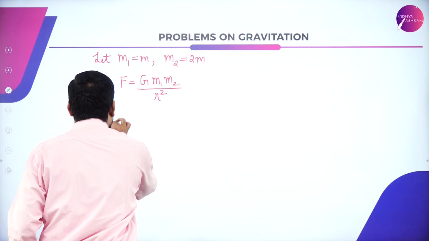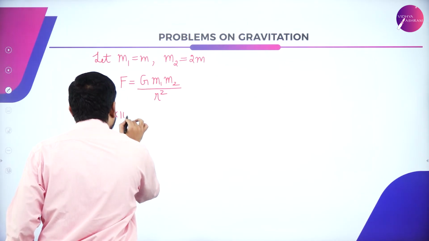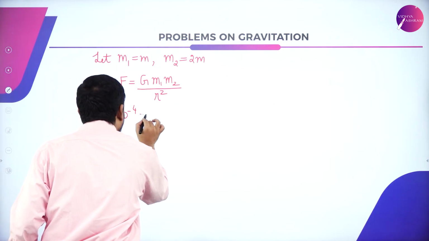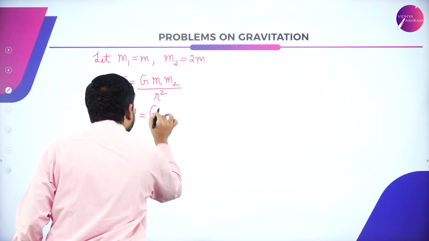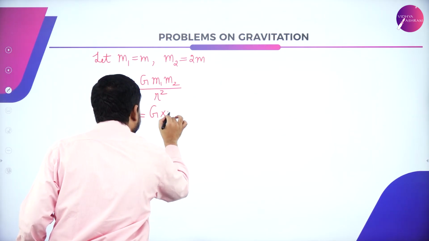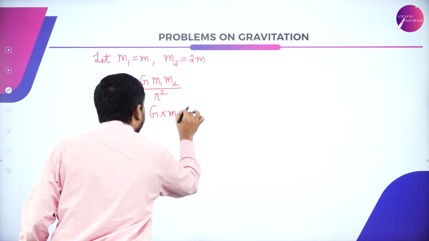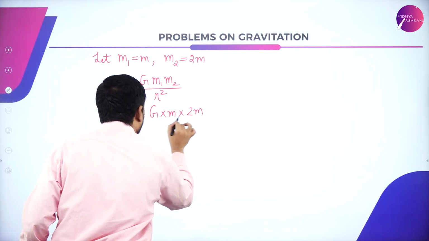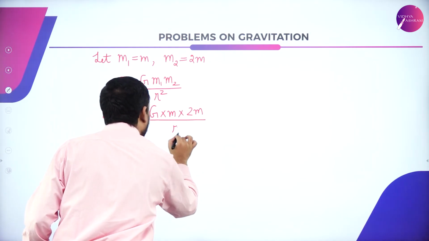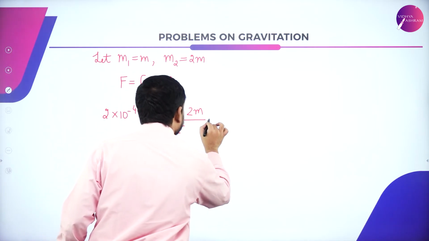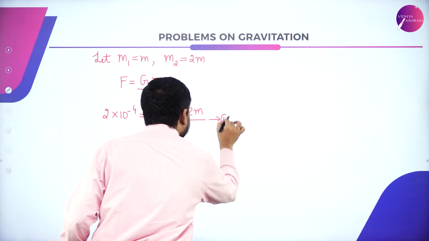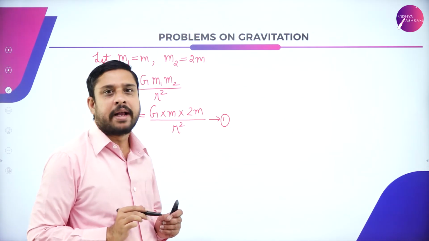So this is 2 into 10 power minus 4. I keep G as it is. M into 2M by R square. I call this equation 1.